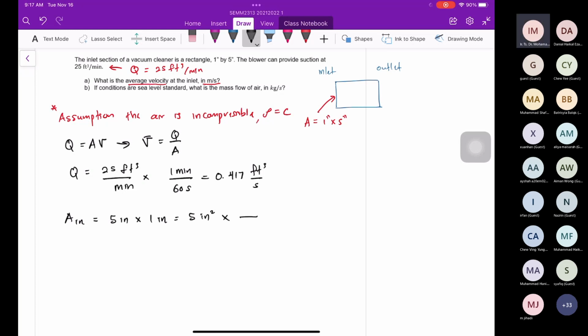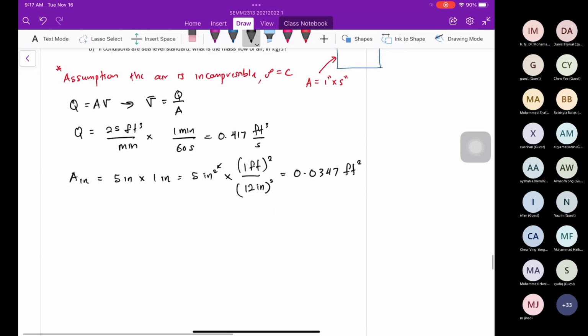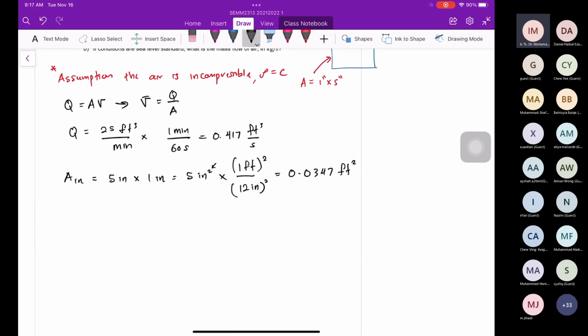So multiply with 1 foot equal to 12 inch, squared because this is squared. I will get 0.0347 feet squared. So the same unit now, feet and feet, I can directly use in Q over A.